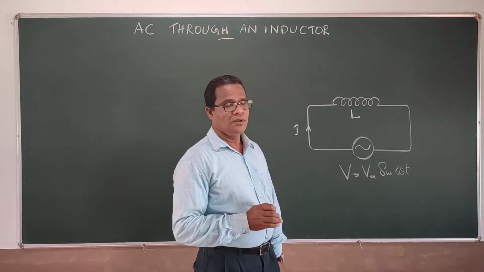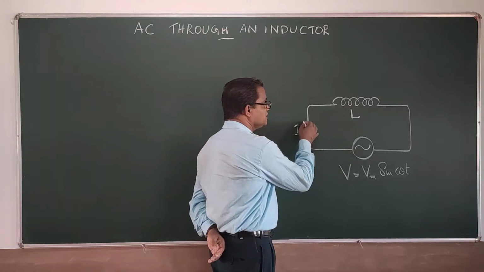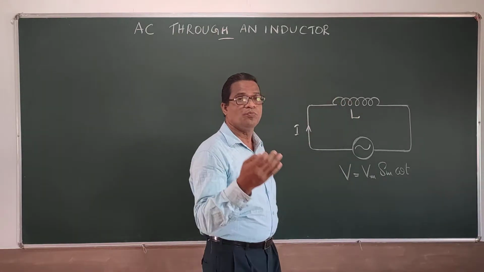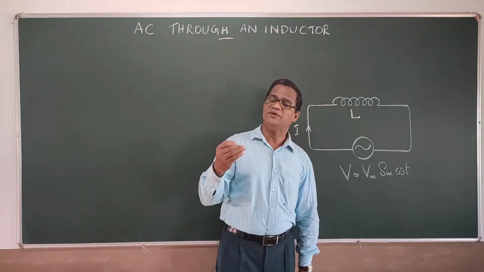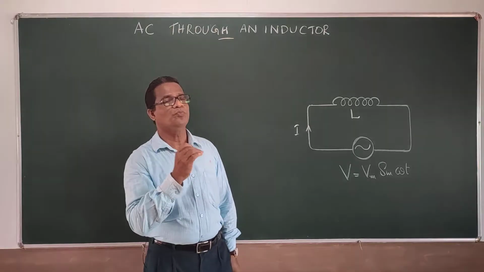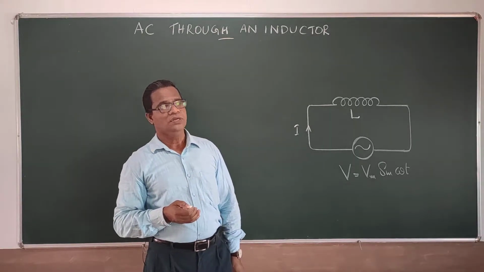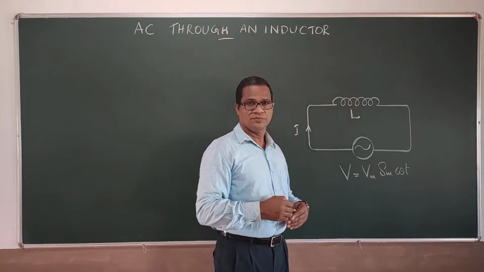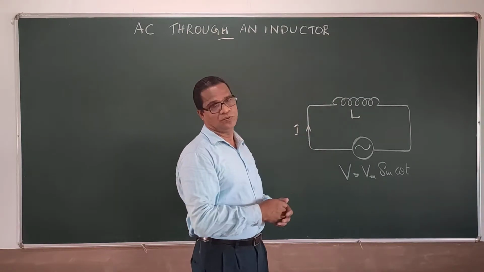As the current starts increasing, the inductor will be opposing it. Whenever a varying current is flowing through an inductor, that inductor will oppose the change. Trying to increase, it will oppose it. Trying to decrease, again it will oppose it.